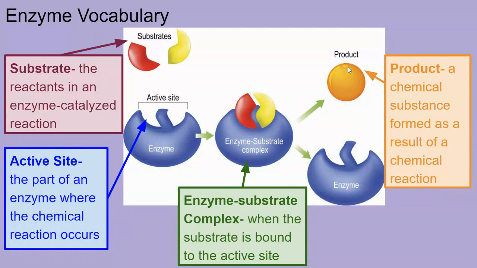Now, that product's going to be released, and then the enzyme, guess what? That looks exactly the same as it did back here. So this enzyme can actually go on and be reused and reused and reused even after the product, which is the chemical substance that's formed as a result of the chemical reaction, is released.